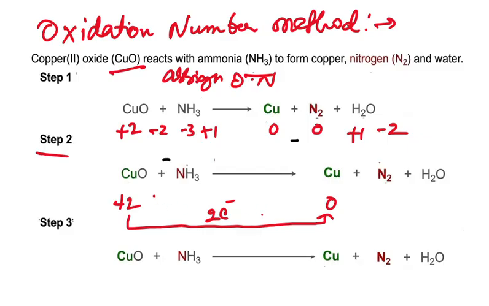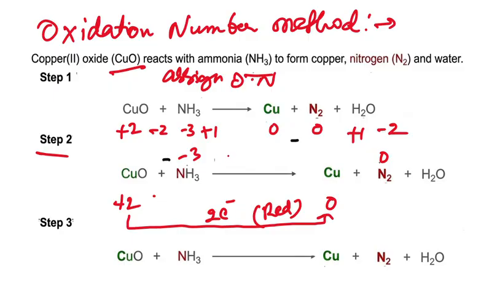So cupric ions gain 2 electrons and change into copper metal, which is a reduction process, right? Similarly, for the other element, nitrogen in ammonia, its oxidation state is how much? -3, and it is changing into N2, 0.